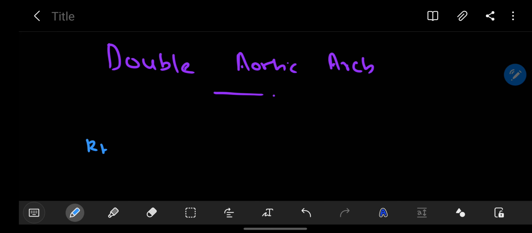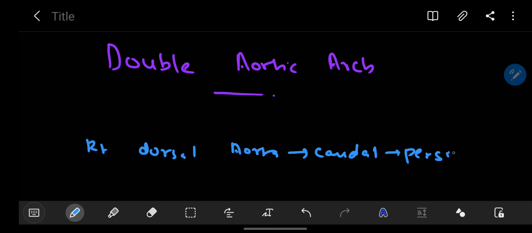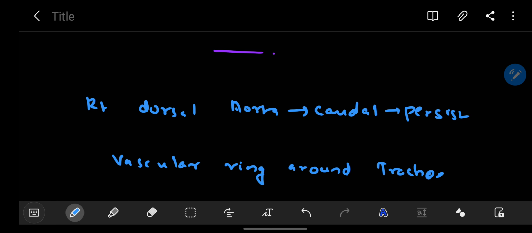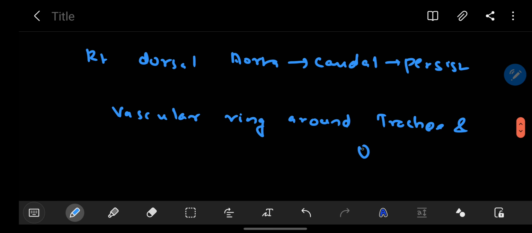That is, the right dorsal aorta, its caudal part, persists, so it forms a vascular ring around the trachea and esophagus.